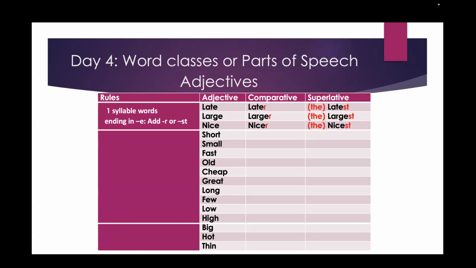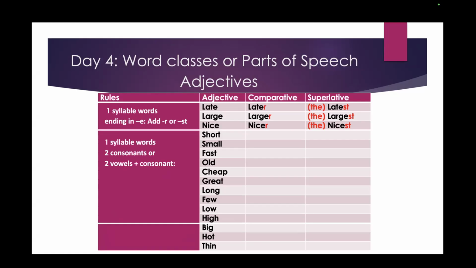And for this, now we know that we need to add the letter R for the comparative, and for the superlative, we need to add ST. And when we use the superlative, we previously need to add the word the to refer to that specific case. So the latest, the largest, the nicest.